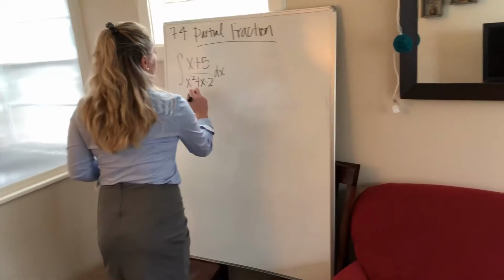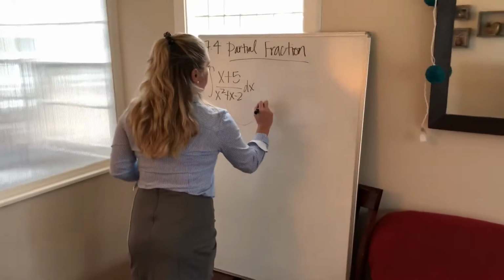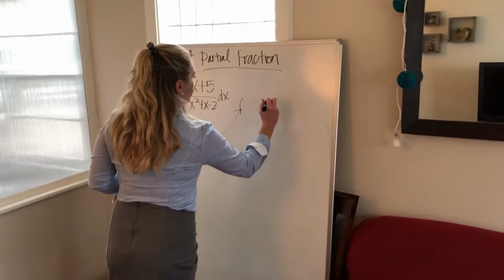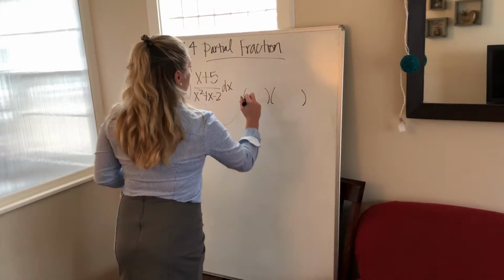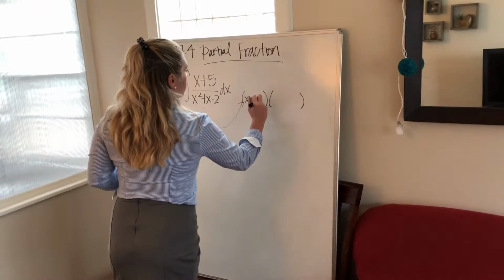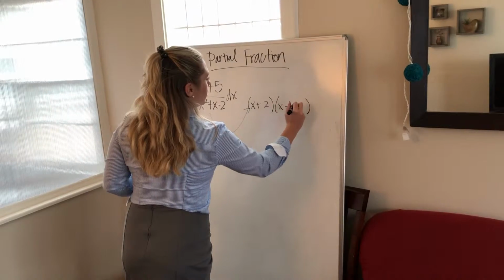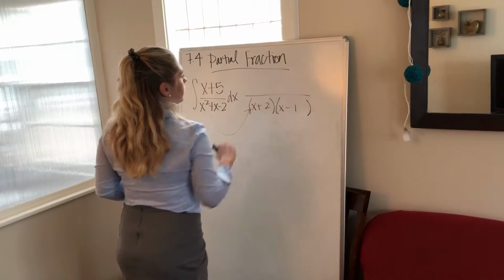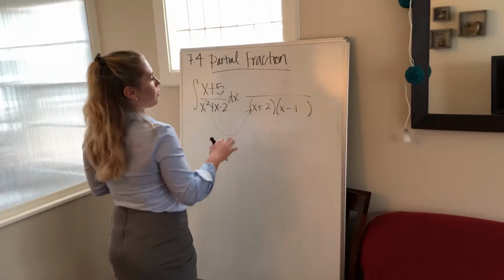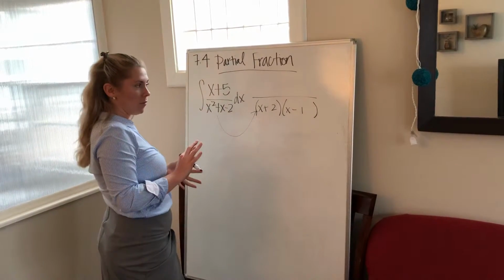So I'm going to go ahead and do that. I'm just going to focus on the denominator. I have two terms. I've got x plus 2 and x minus 1. I've got x plus 5 on the top, but we're just going to leave that blank for now.